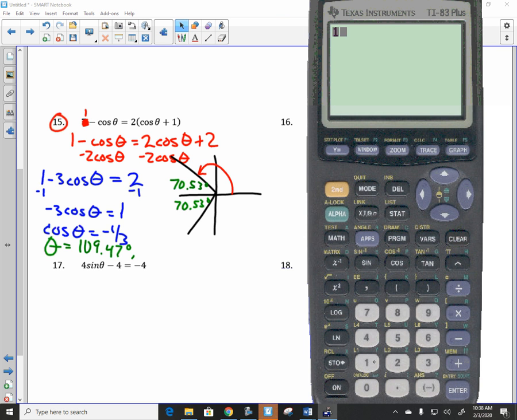The next one, you do 180 plus 70.53, and we get 250.53 degrees. So again, that's if you do 70.53 past 180.